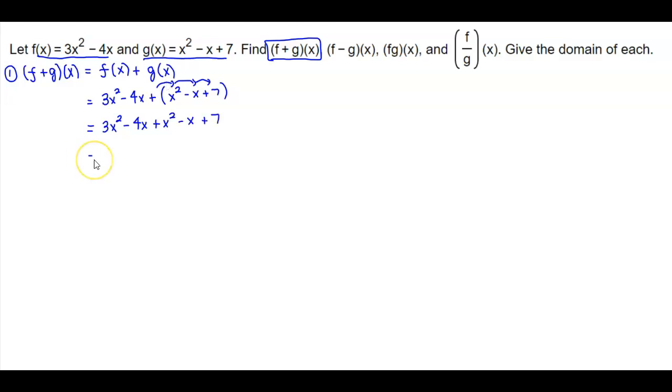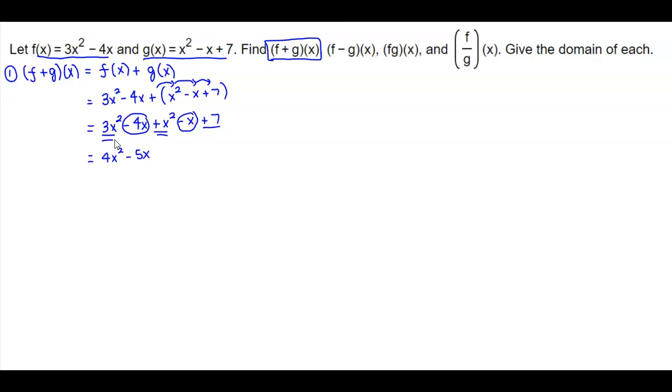And so now we're going to combine like terms. We have 3x squared plus x squared, which is 4x squared. We have minus 4x minus x, which is minus 5x.